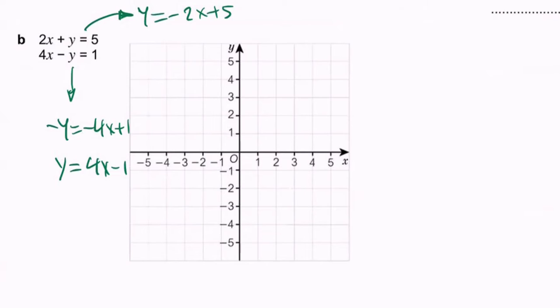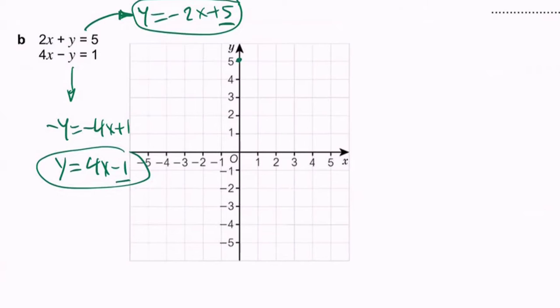Okay, so we have these two lines now. Let us draw them. If we want to draw one line, we need only 2 points. One point is already done for you, which is the y-intercept. So this is the y-intercept of the first line. Then we substitute any value of x other than 0. Don't put 0 because 0 will give you the y-intercept again.